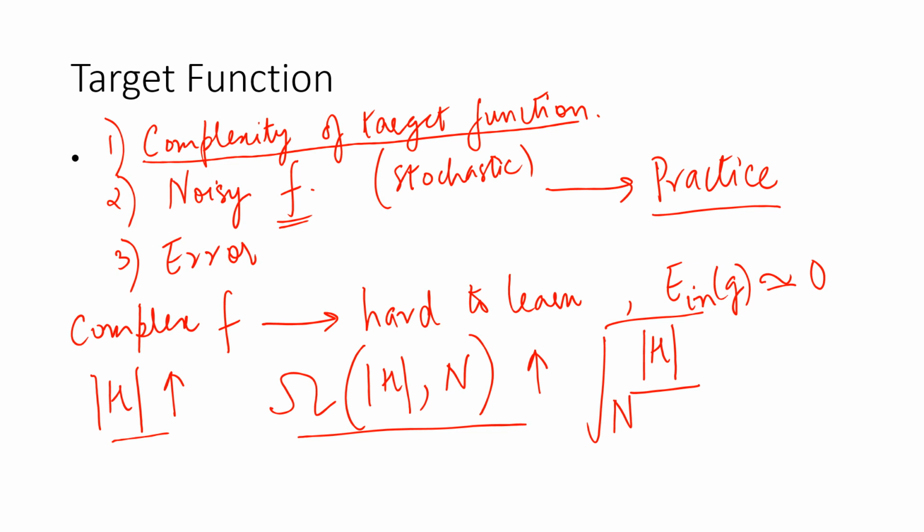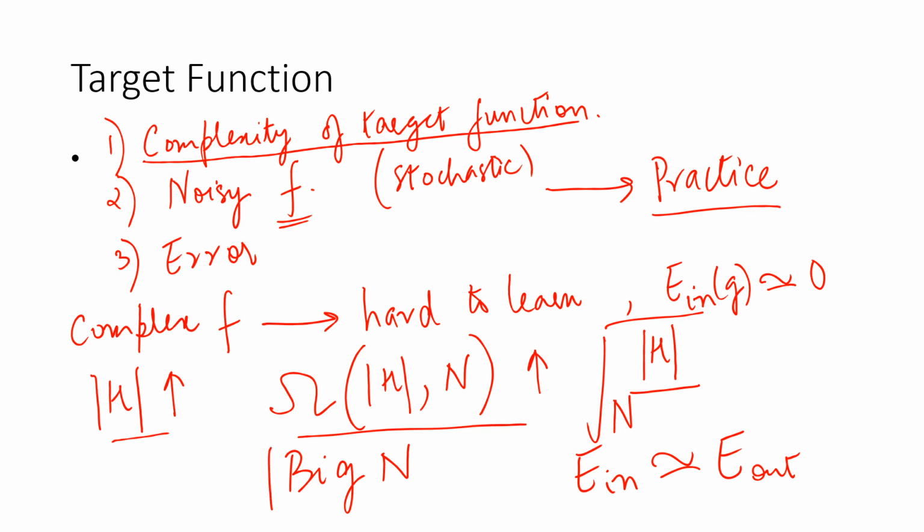In order to counteract the effect of the hypothesis set getting bigger and bigger, I can choose a big N. If I choose a big N, then what happens? It seems to be the only way out where, theoretically, I can get my E in very close to E out, which was definitely not the case when the hypothesis set was getting bigger and bigger.